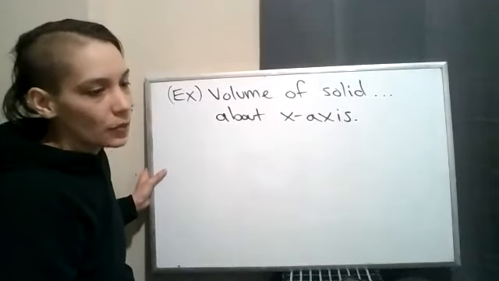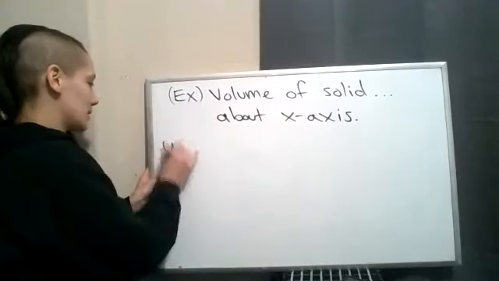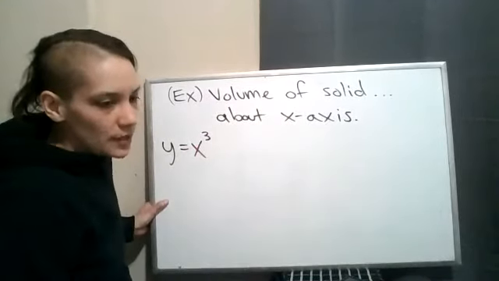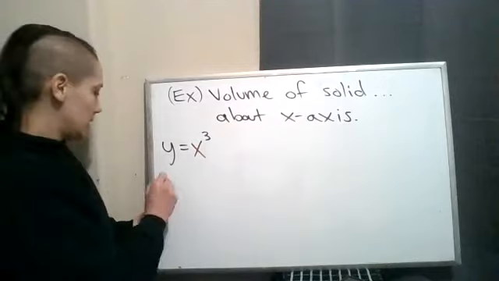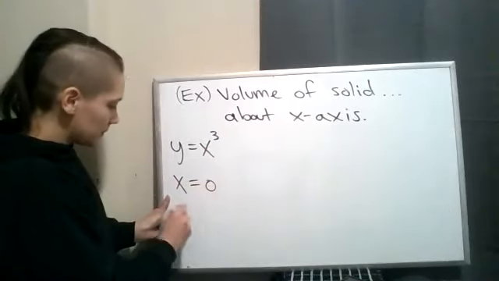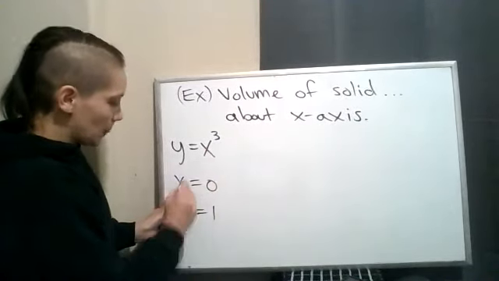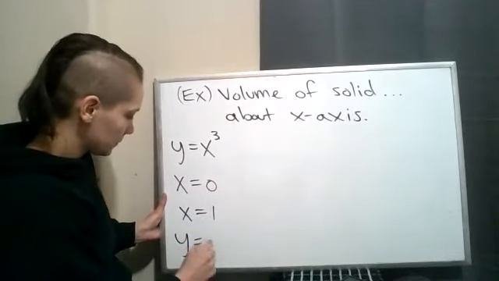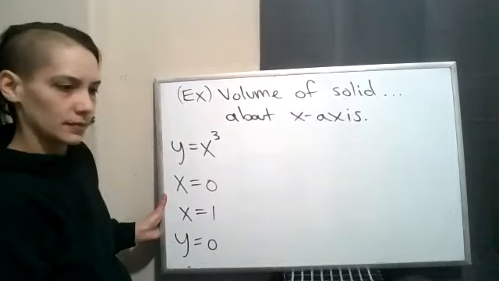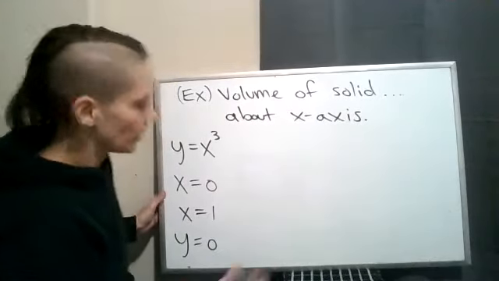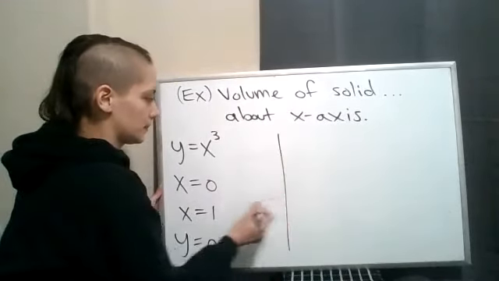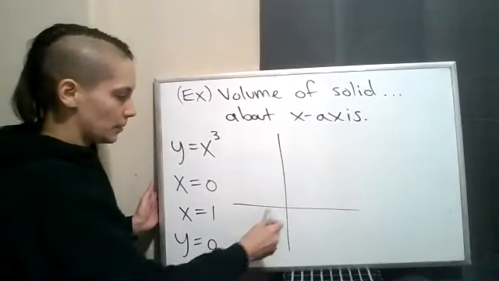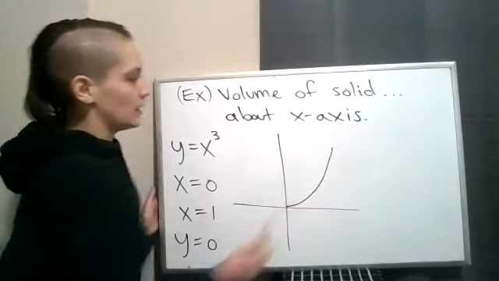All right, we're taking y equals x cubed with x equal to 0, x equal to 1, and y equal to 0. So x cubed comes up, flattens out, and comes up again.